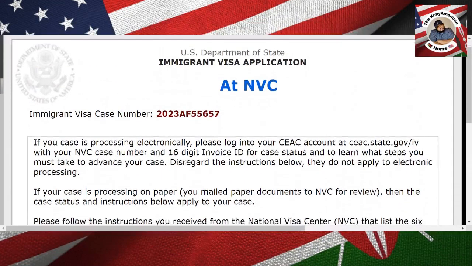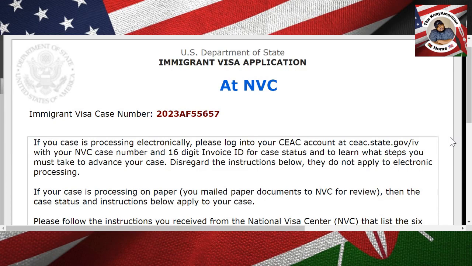What that means is it's at NVC. It's waiting for the embassy to be ready for the case to be transferred to the embassy for the interview. In this case, it's still pending. The DS-260 has been submitted, and it's waiting whenever it's ready. So that's the status NVC.